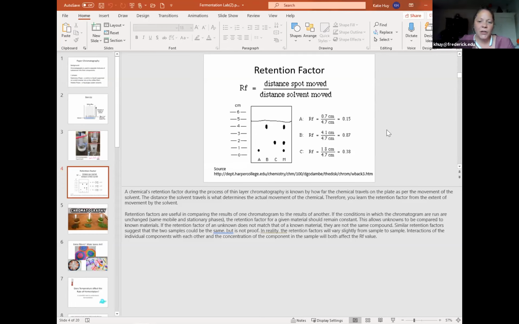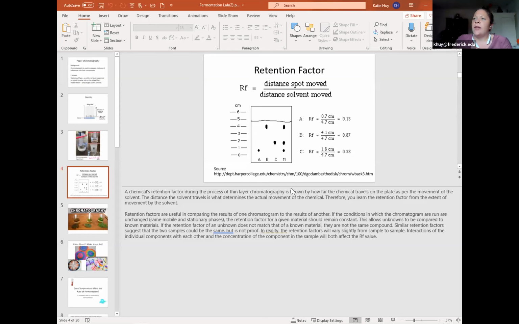So why is this important? If we have an unknown compound, we can measure a known compound with that unknown compound and start to infer what we can from this, comparing the known to the unknown.